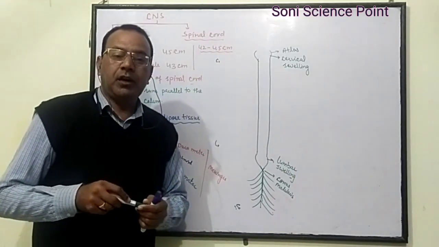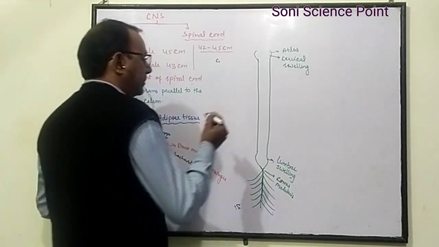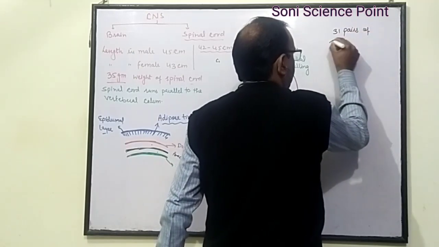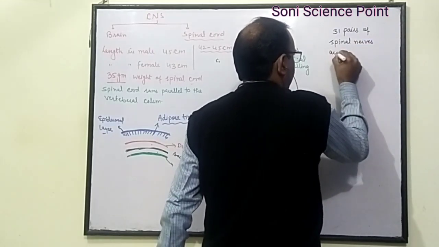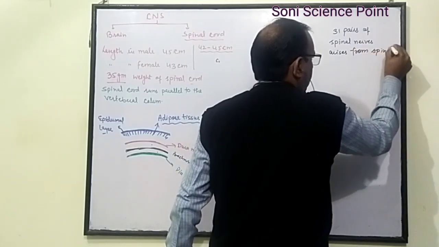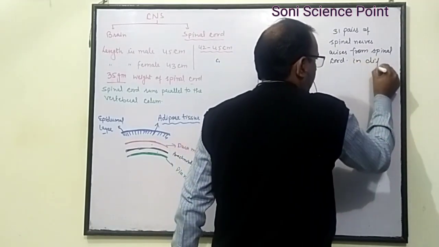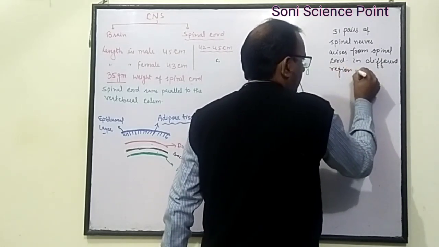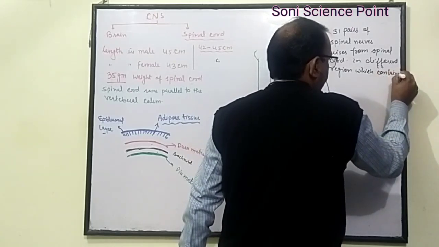So we can say that 31 pairs of spinal nerves arise from the spinal cord in different regions, which contain different segments.